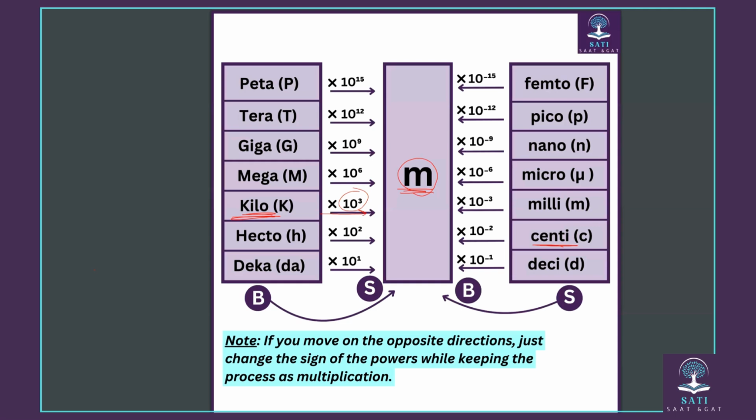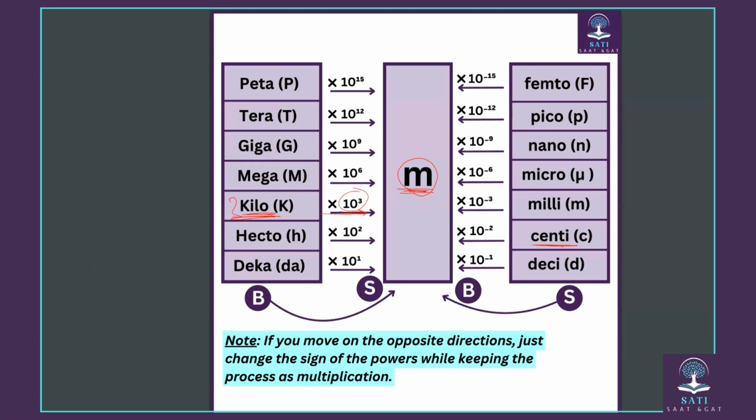So any number in kilo, I multiply it by 10 power 3 to get its result in meter. If I tell you there are 2 kilometers, how many meters is it? You multiply this 2 by 10 power 3, which is 1,000. 1,000 times 2 is 2,000. So it will give you 2,000 what?